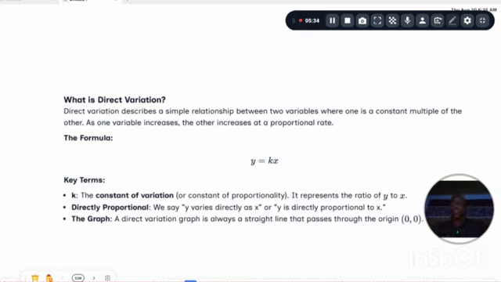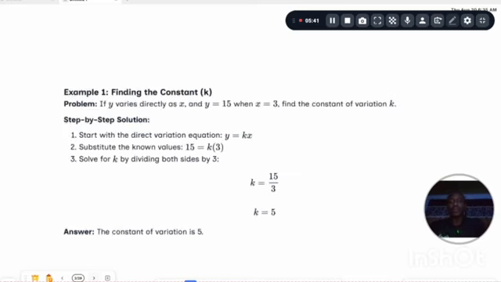So let's proceed with examples to make this clear. Before we move on, when any question is given to us in direct variation, there's something we have to calculate, either we are told to do so or not. That is the constant. There's no way you can proceed with your calculations in direct variation without calculating the constant.